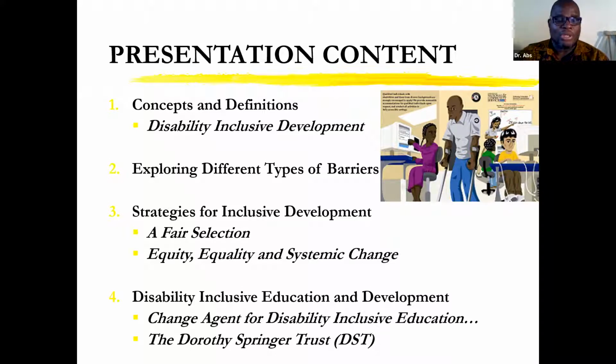And also, I think the most important one is looking at the strategies for inclusive development. There are a few examples there on fair selection and equity, equality and systemic change that I'm going to use some Sierra Leonean examples for as well.